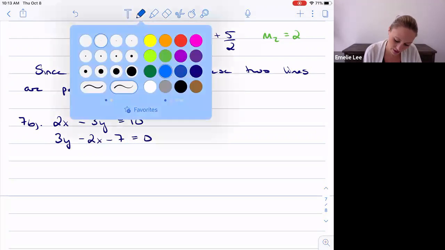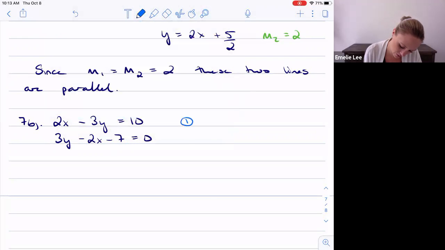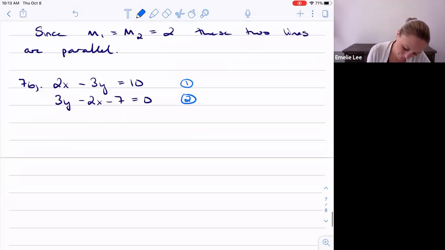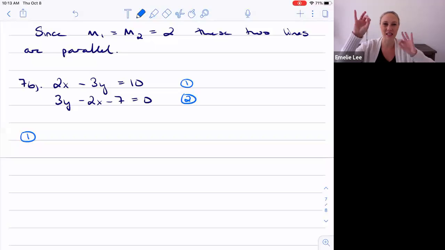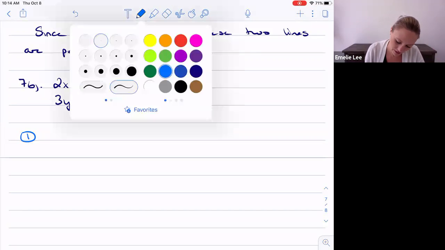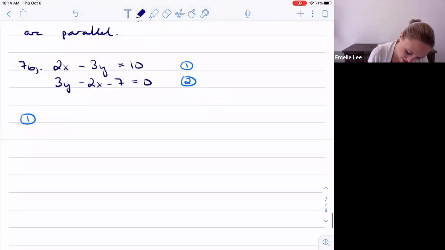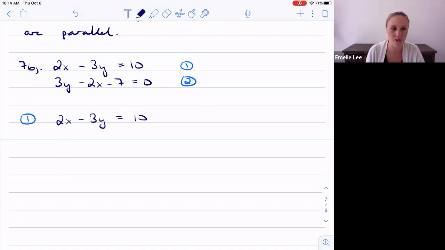Usually what I'll do is label this 1 and 2, equation 1 and equation 2, and then when I do work, I can link the two. So here I'm going to have 2x minus 3y equals 10. If I'm solving for y, they're parallel, says Desmos.